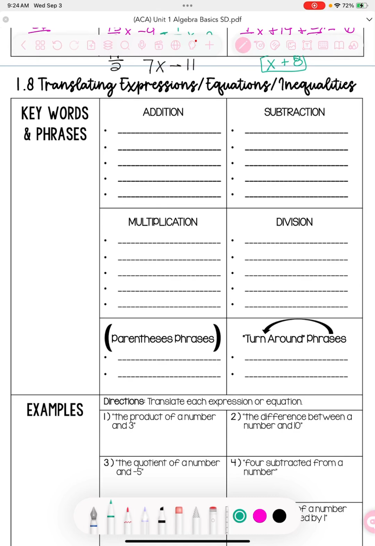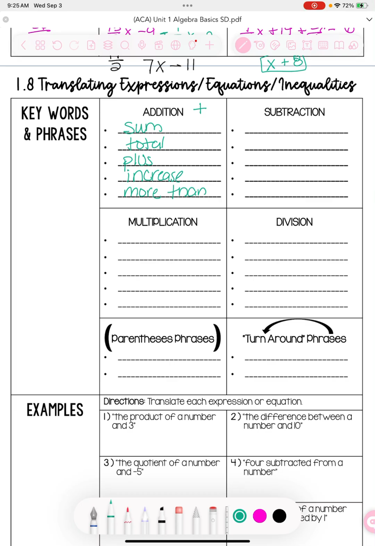So let's talk about the things that give us words for translating expressions. When we think of addition, addition is our plus sign. So we might think of sum or total or plus or increase or more than.